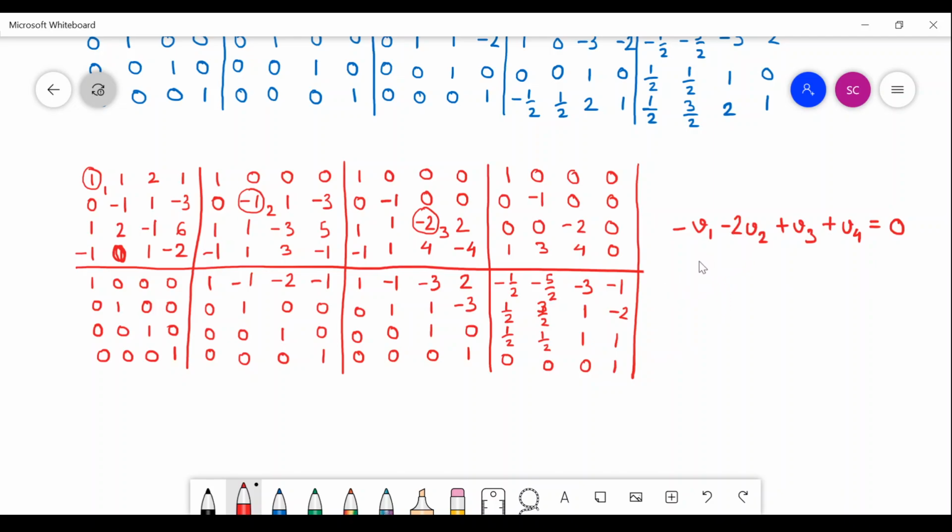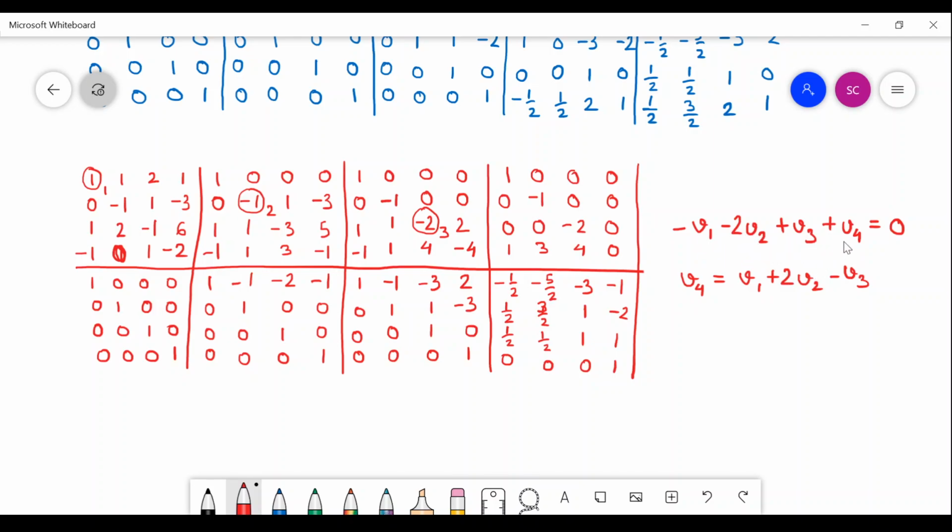Or if you want to express any of these vectors in terms of the others, you can use this relationship and express it. So perhaps you want to express v4 in terms of the other vectors, you can go ahead and do that. If you want to express v1 in terms of other vectors, that also you can do. So any way you can express.